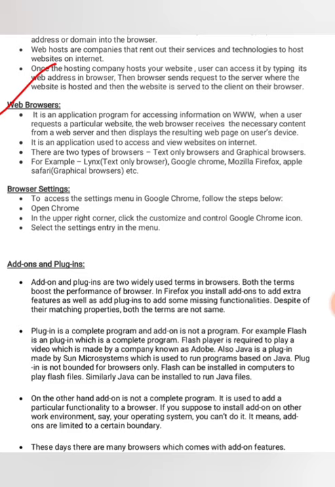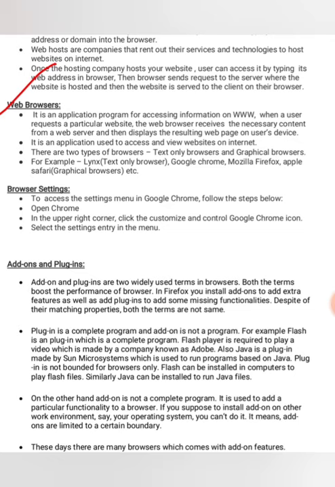How it happens is that the browser sends a request to that particular website and gets it confirmed, and that website's server will serve that web page back to the browser. So a web browser is a kind of client which works between you and the web server. It is an application program which enables you to access the internet.